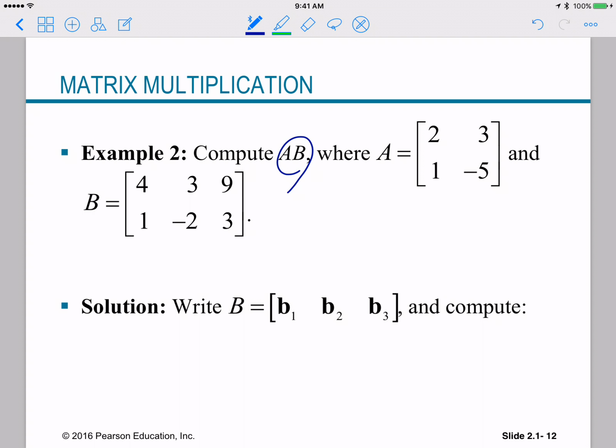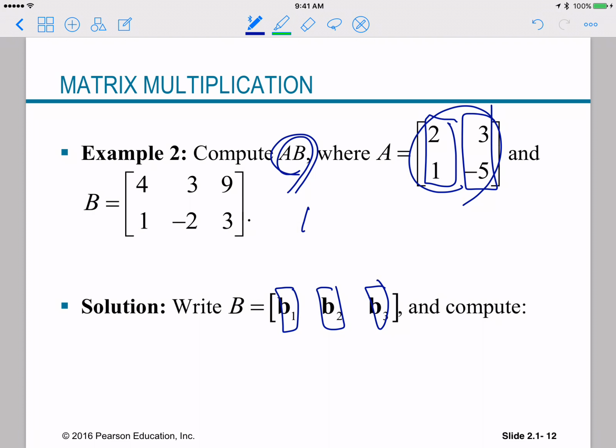Okay, so if we compute A times B, we just mechanically compute these two matrix multiplications. But let's view that column by column by using what we just learned. We first think about the columns in B, and then we have A with two columns, and B1 is 4, 1, so it's a linear combination of these two columns using 4 and 1 as the linear combination weights.